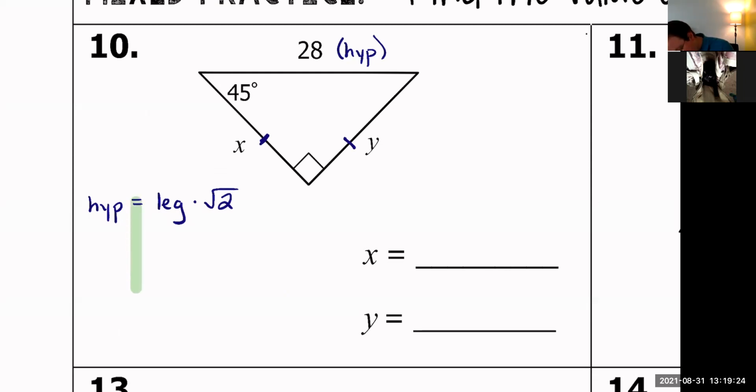I know the hypotenuse on this one is 28. The leg, doesn't matter which one we pick, they're going to be the same. I'm going to say x times the square root of 2.